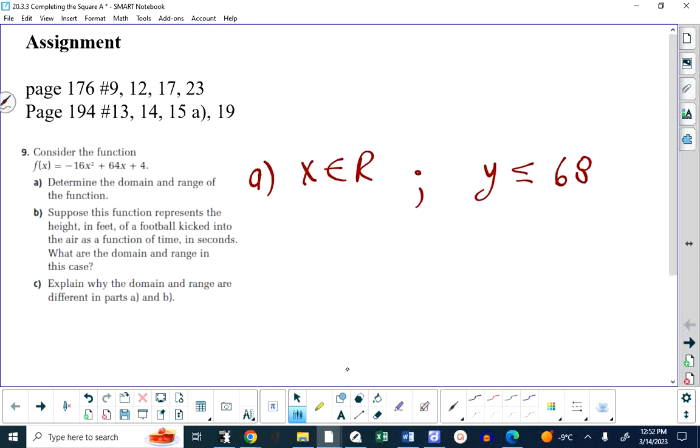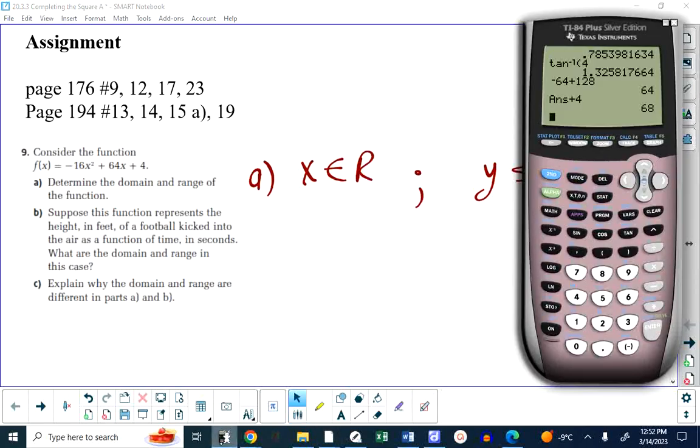But if this function represents the height in feet of a football as a function of time, the fact of the matter is the height of a football is never negative. And neither is time ever negative. So I don't know what this looks like in relation to the axes, but I'm about to find out. Negative 16x squared plus 64x plus 4.